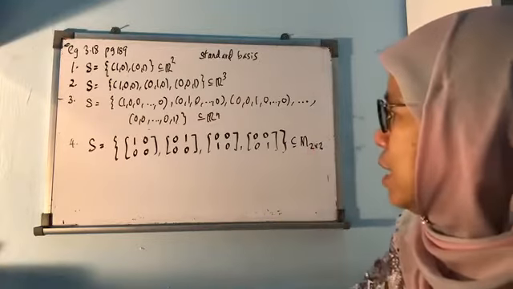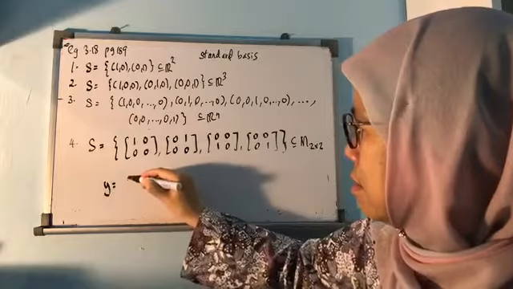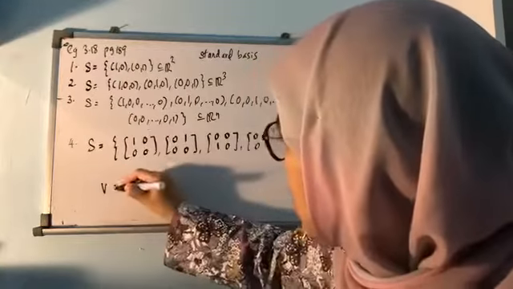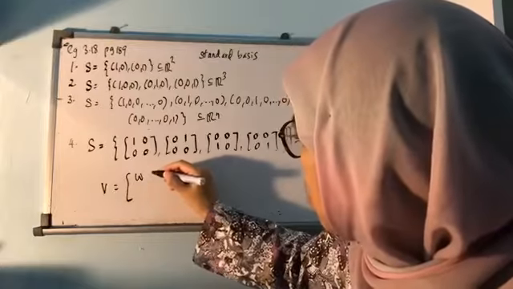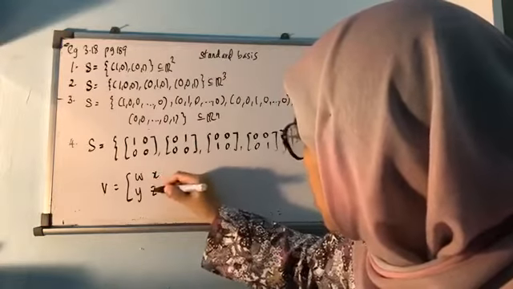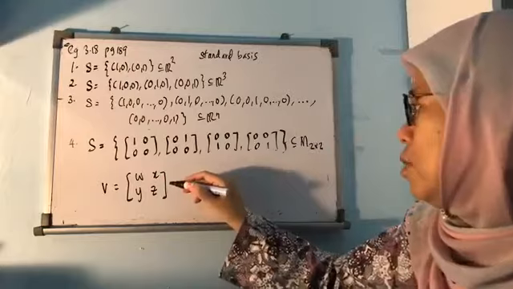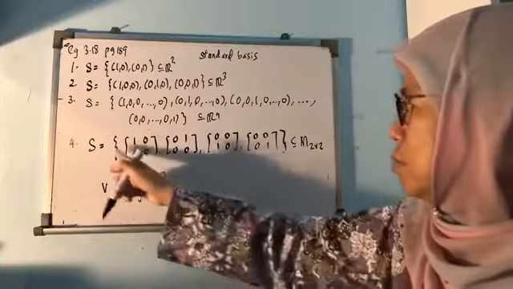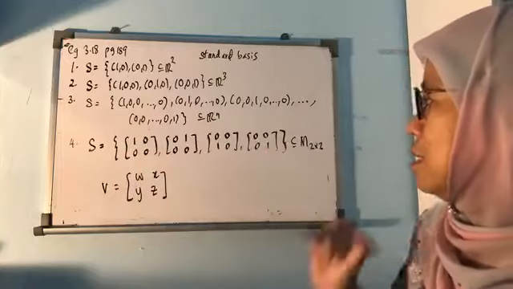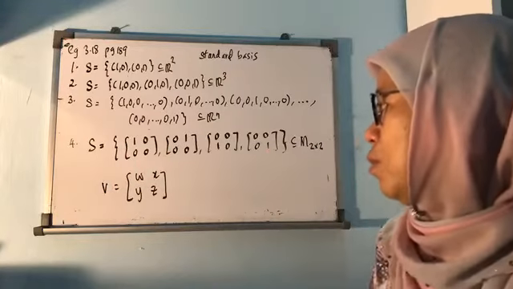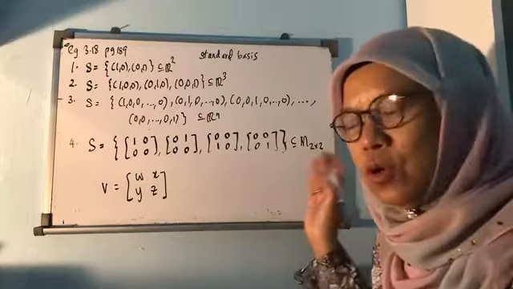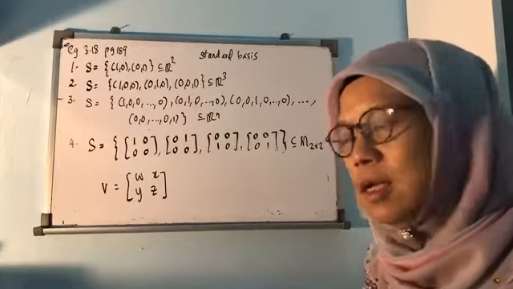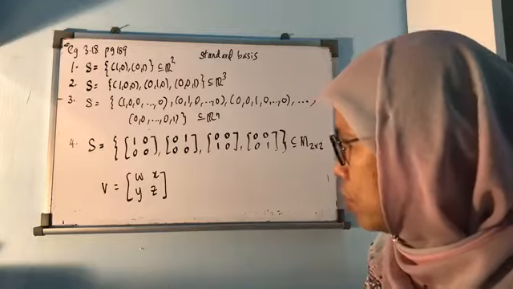Because given any V in terms of w, x, y, z, you can always write this as a linear combination of these 4. You just put w here, x here, y here, z here. And when you equate to the zero matrix, they are all equal to 0. So it's linearly independent.